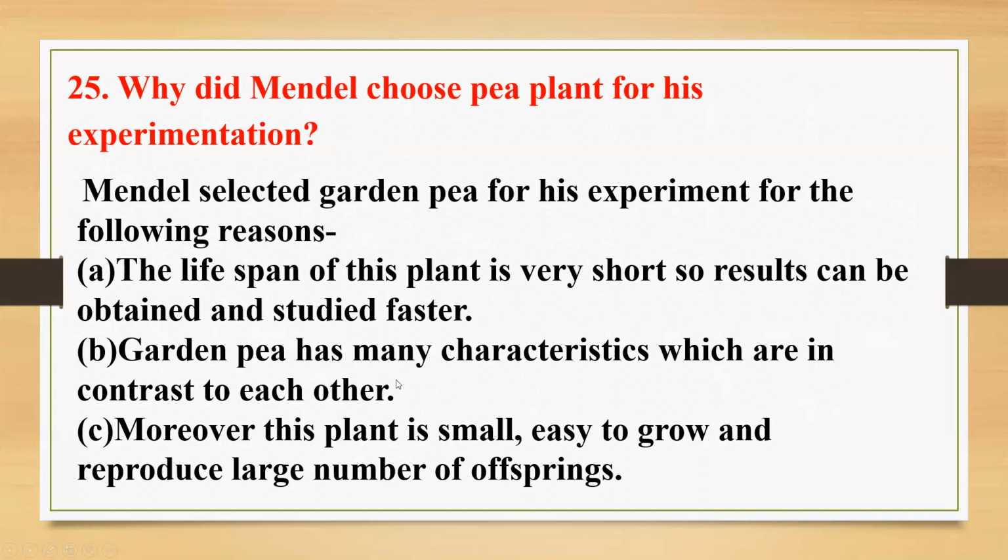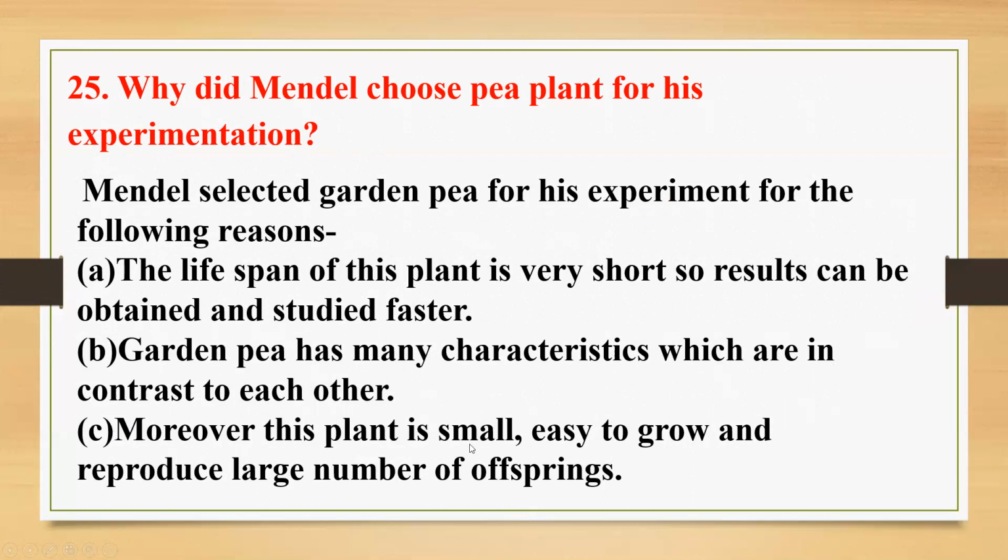Another is that the garden pea has many characteristics which contrast with each other: a tall and short plant, and even the shape of the pea seeds has contrasting characters. That's why he selected it.